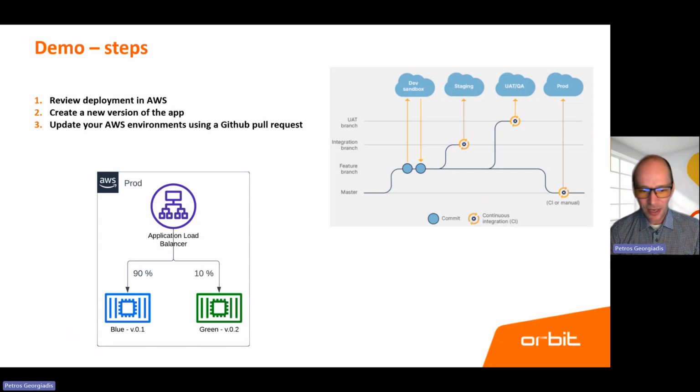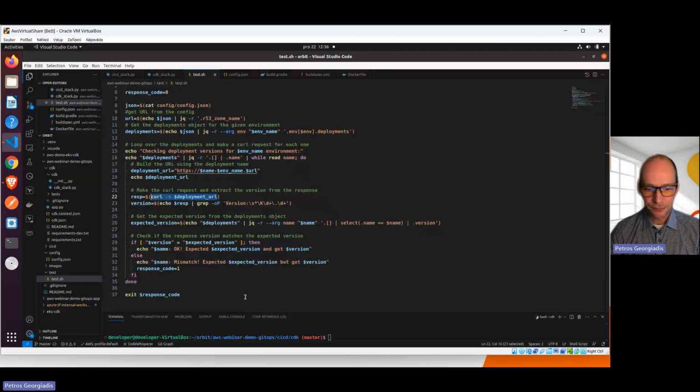So I will follow these planned steps: we will update the configuration so that on a production environment, 10% of traffic will go to the green environment. For that, I will create a feature branch and then create a proper pull request where I can review it. And after the merge to the master branch, we will review our deployment to see that we have green version 02 available in a production environment.